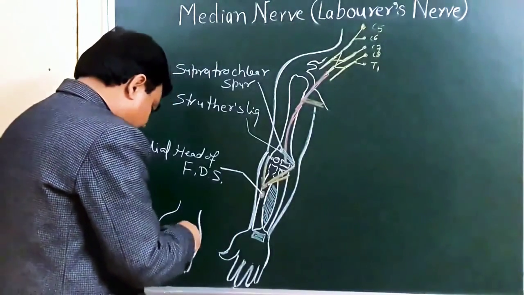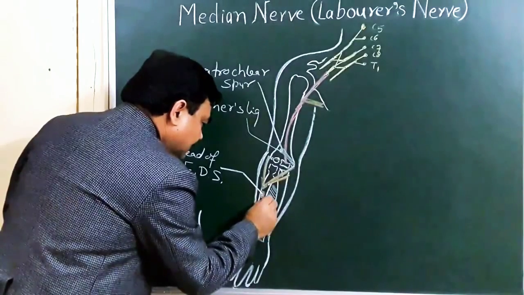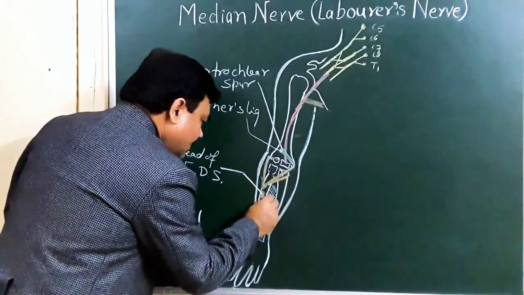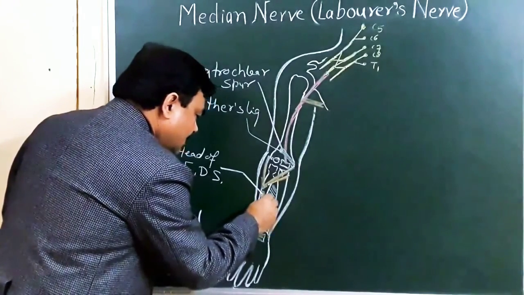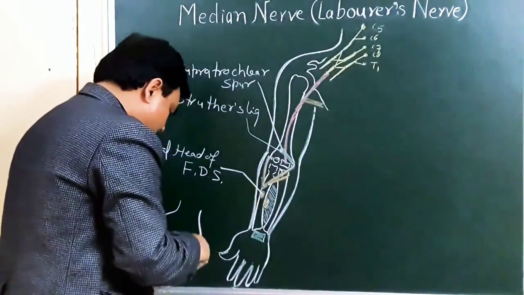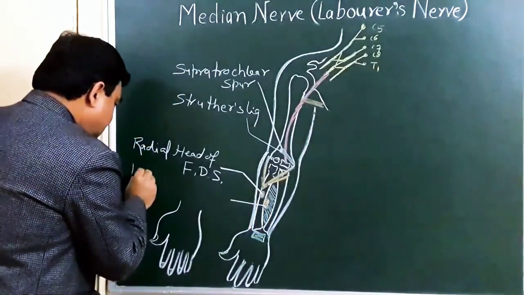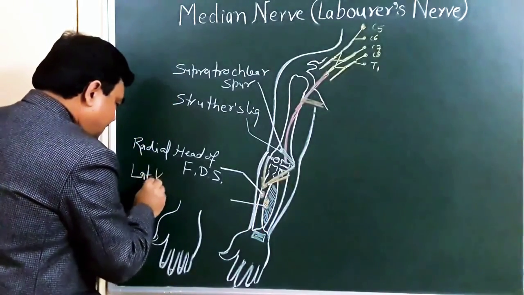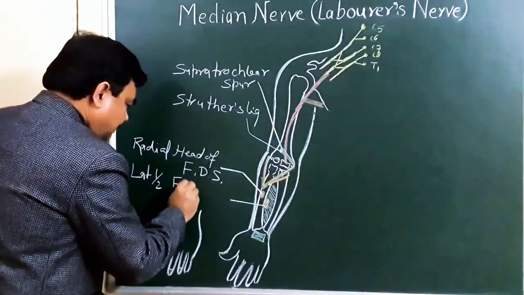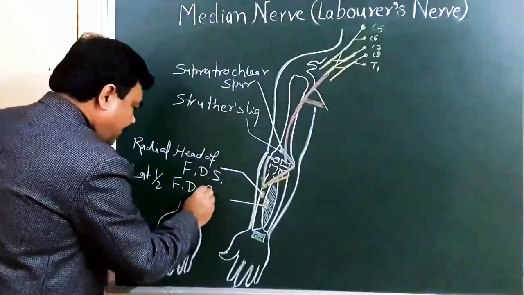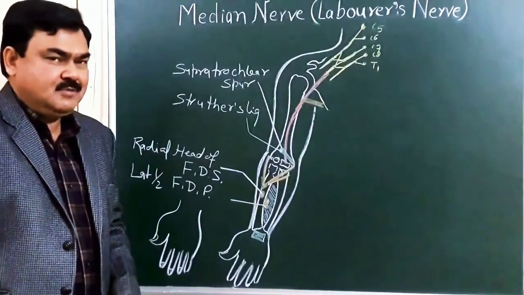Another thing here is the lateral half of the flexor digitorum profundus.